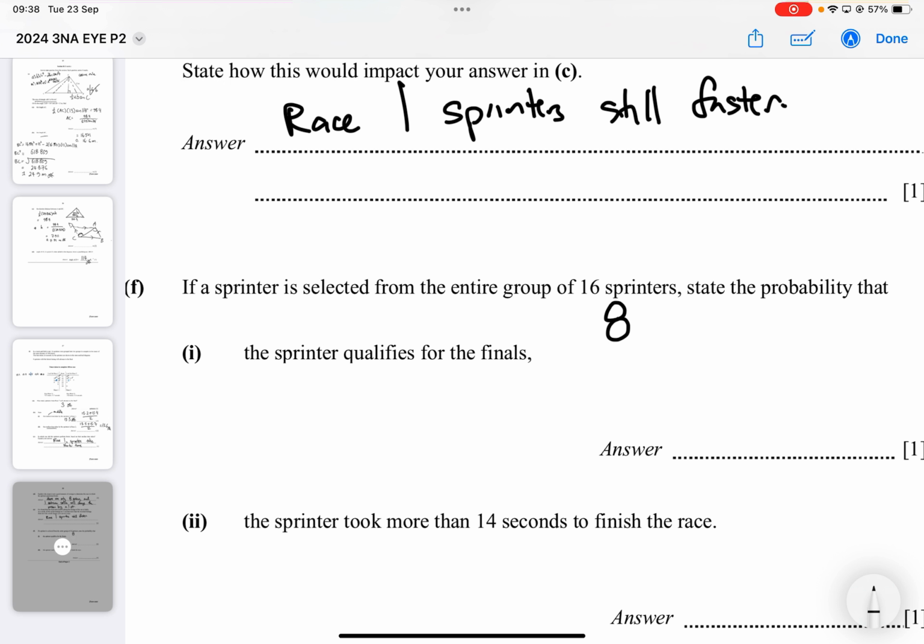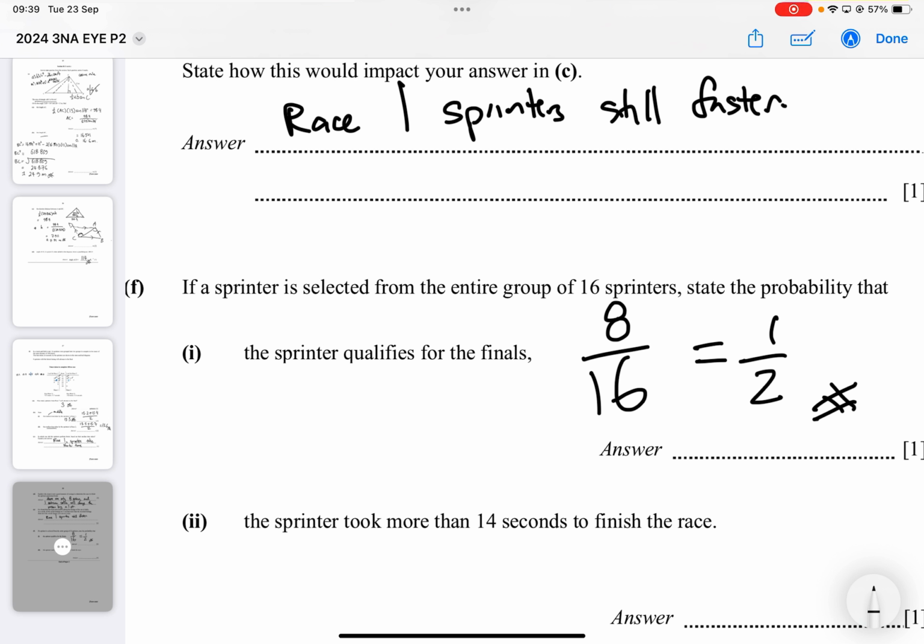Then altogether there are 16. So the chance is actually 8 over 16, or simplify to half.